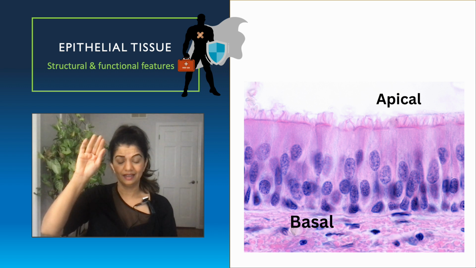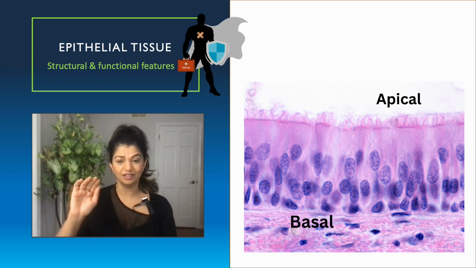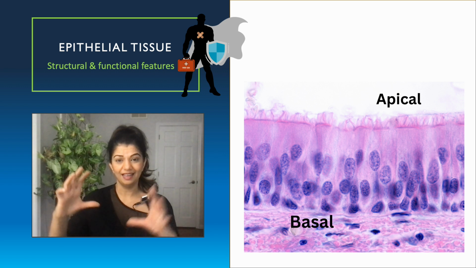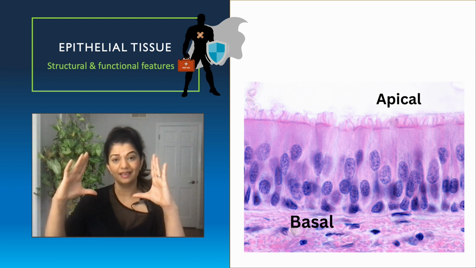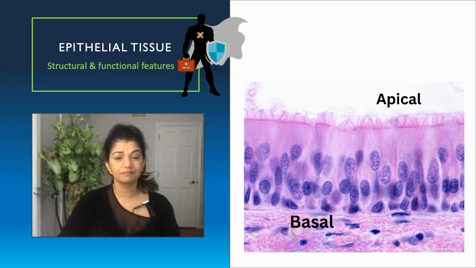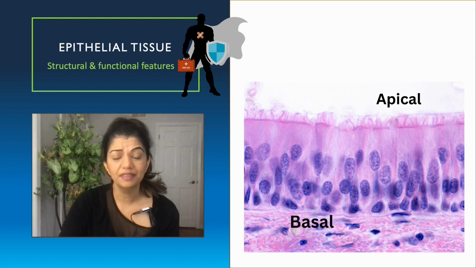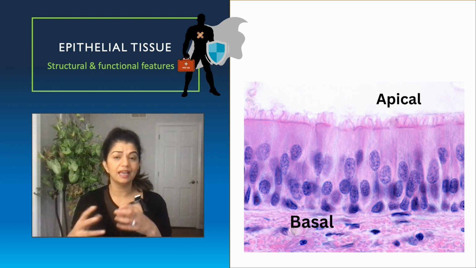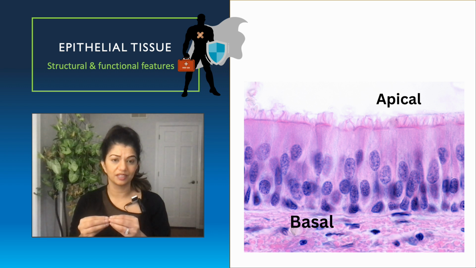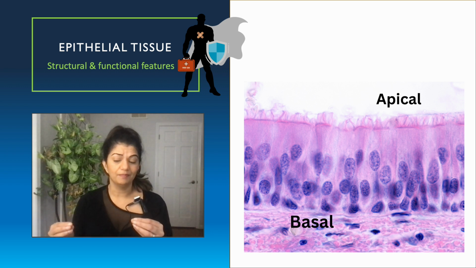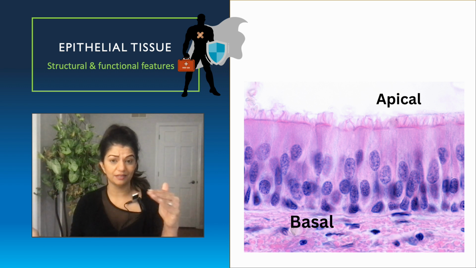And then at the bottom, we've got basal lamina and reticular lamina. And that all forms the basal membrane. Okay, now epithelial cells are characterized by this polarization, and it's based on the distribution of organelles and membrane-bound proteins between the apical and basal surfaces.